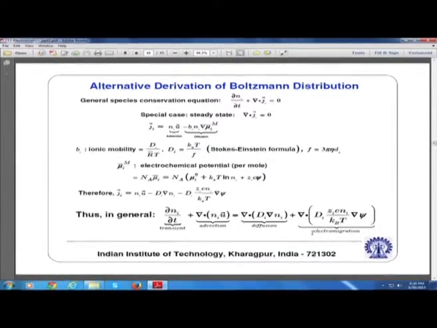Now, can we recover the Boltzmann distribution from this equation? This equation, by the way, is the most general equation because here we had not made any assumption about whether ions are point charges or ideal solutions. The assumptions are implicit that the ions are ideal solutions. Why?